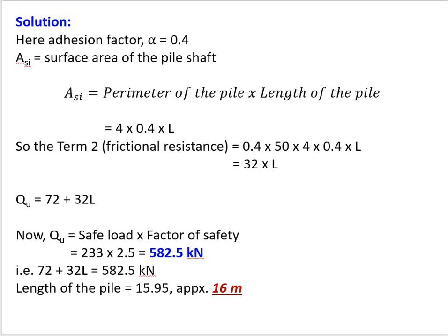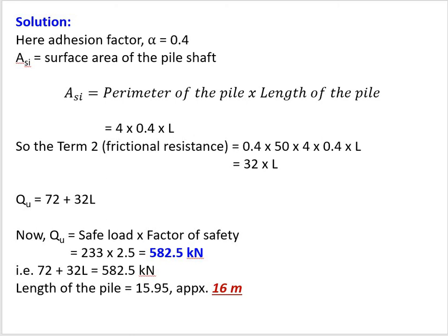Now how will you find the second term, that is the frictional resistance? So already in this question the adhesion factor is given. Adhesion factor alpha is equal to 0.4. Now the surface area of the pile shaft, ASI, you find out. It is the perimeter of the pile into the length of the pile. So here you have a square pile, so perimeter will be the side into 4.